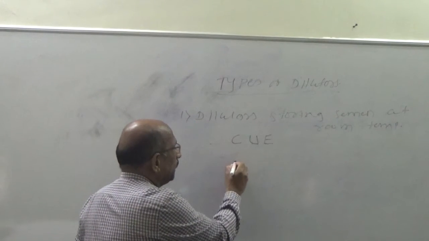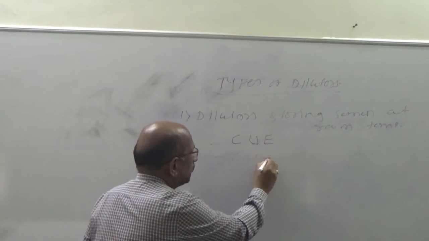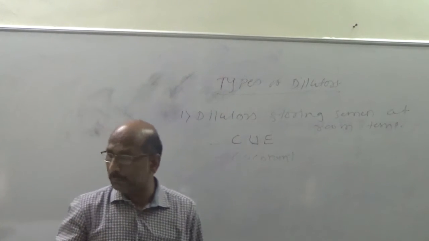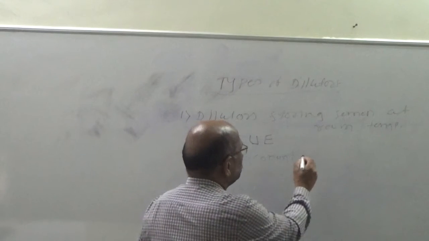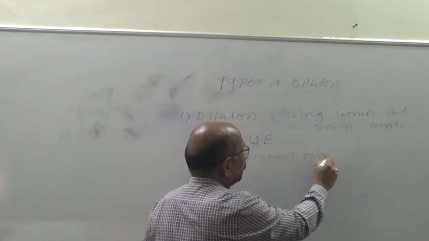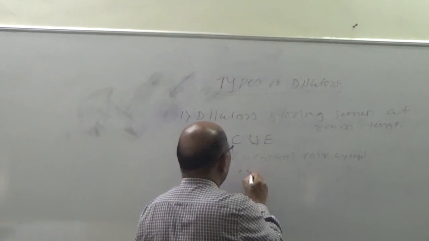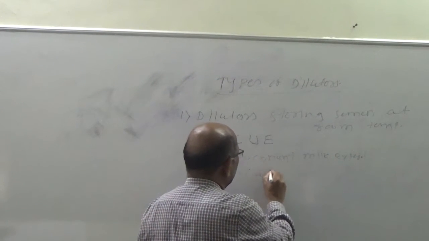Second is the coconut milk extender. And third is the caprogen.